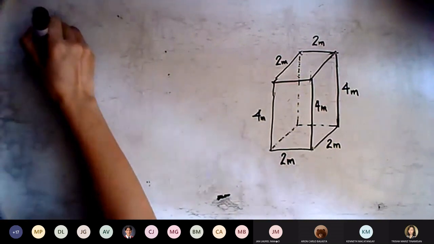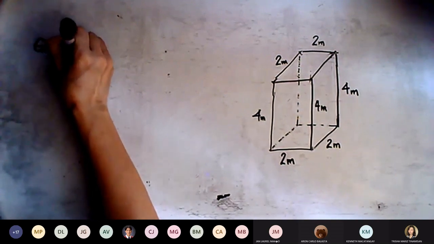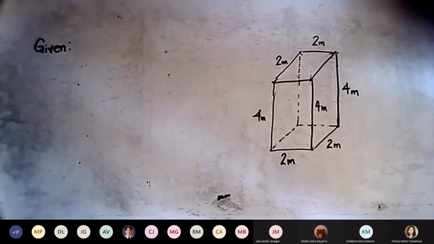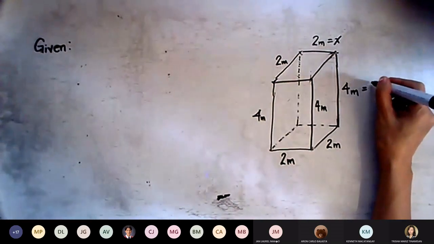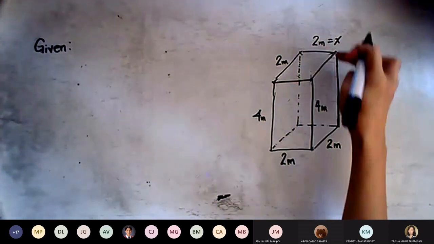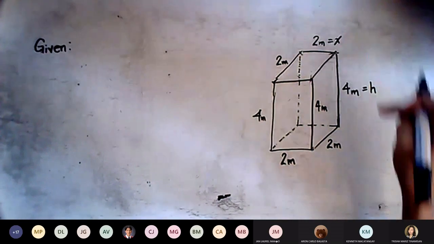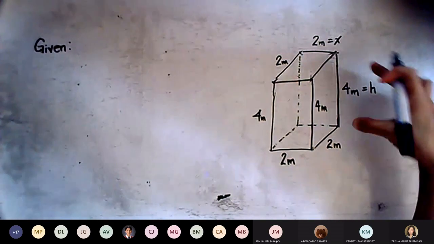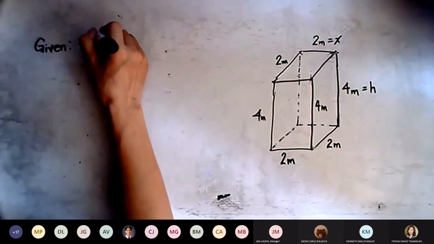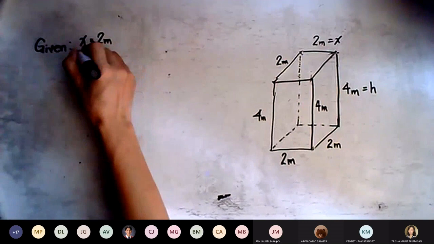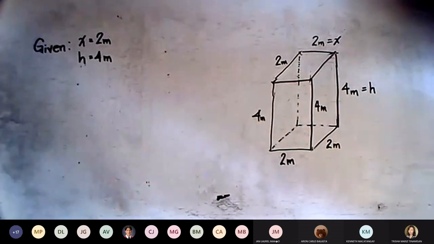Let me identify first what are the given. Let's say this is X, and this is H. X is one of the sides of the base, and H is the lateral edge. X is 2 meters, and H is 4 meters.